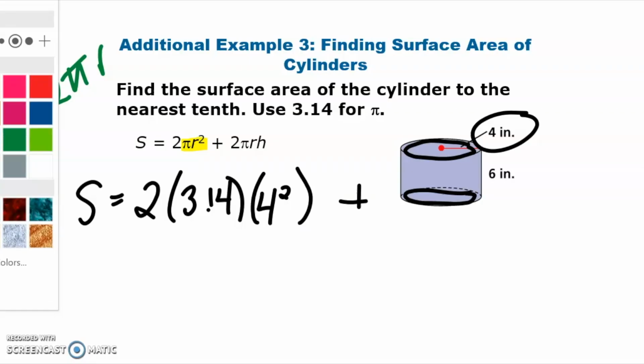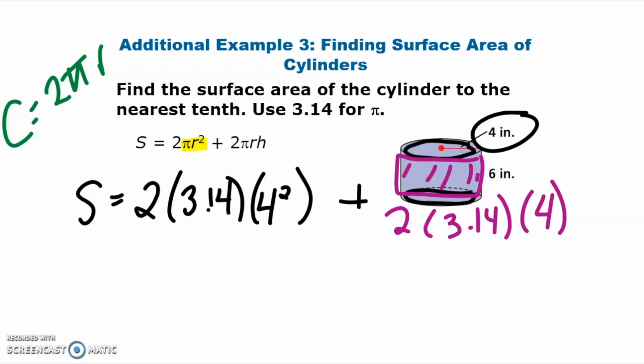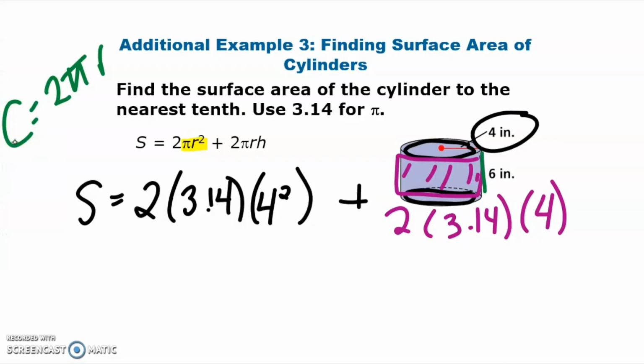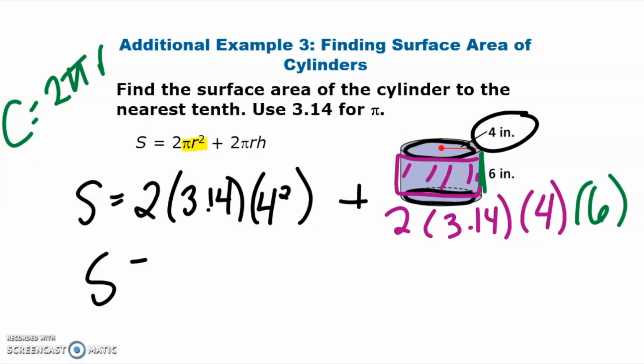Remember, that lateral area is this area around our shape, and the formula for that is 2 pi r. Remember, that's the circumference. So 2 times pi, 3.14, times r, 4. And then we're multiplying that by the height of our cylinder, which is right here, so times 6.